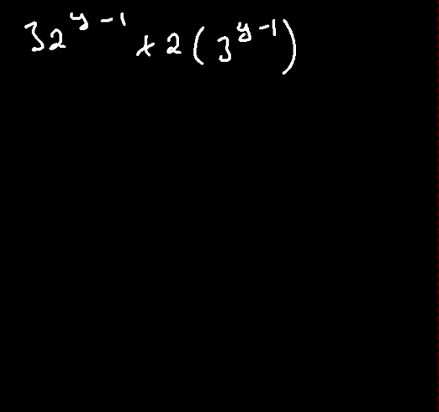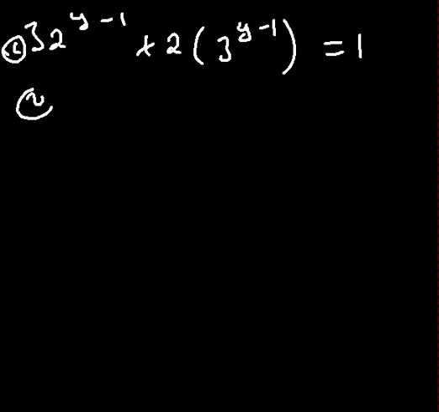And try the following at your own time. Let's say we have 32 to the power y minus 1, plus 2 times 3 to the power y minus 1, which is equal to 1.